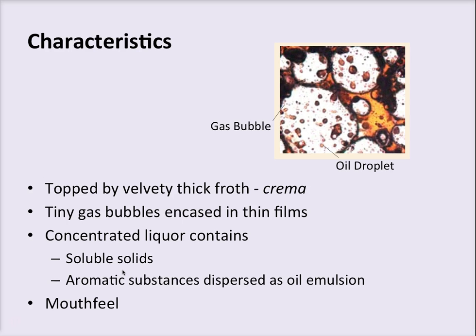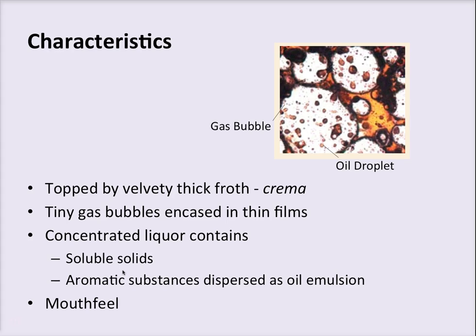And so here are some of the characteristics. When we look at that image on the top right, you're seeing gas bubbles. This would be a gas bubble, boiled water in gas form, and there are oil droplets around it. There's something about the surface tension and nature of that surface that seems to attract these oil droplets.